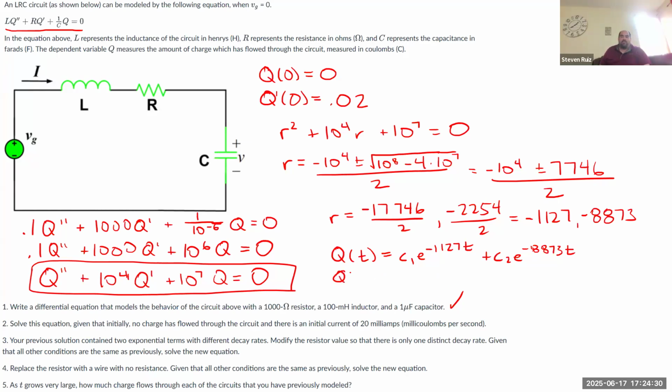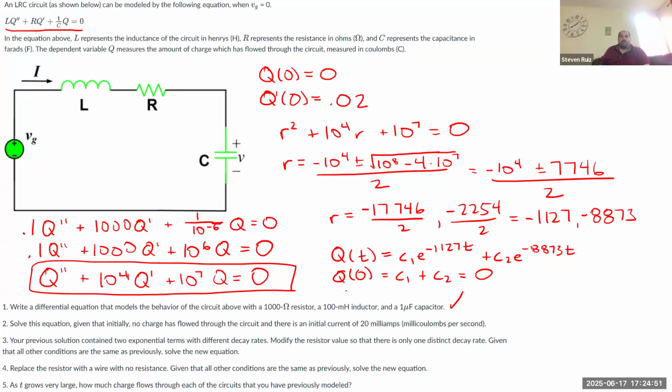I know that Q of 0 is equal to 0. What happens when I plug in 0 for t? I get C1 plus C2 equals 0, so C1 and C2 are exact opposites of each other.